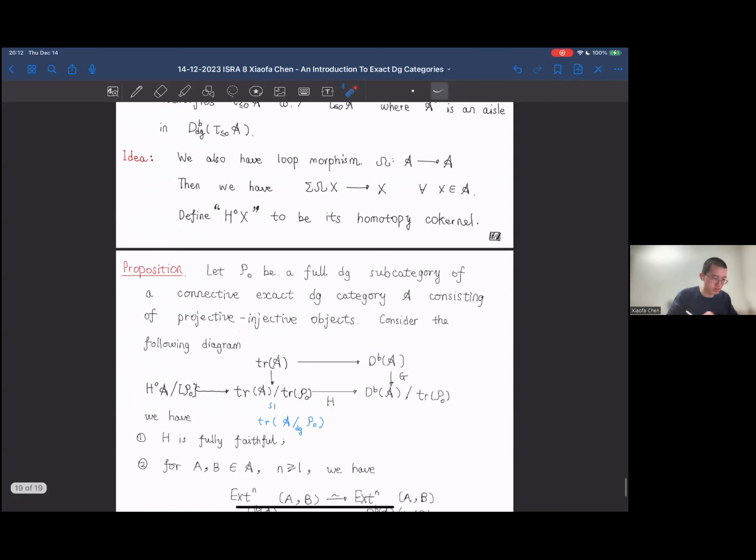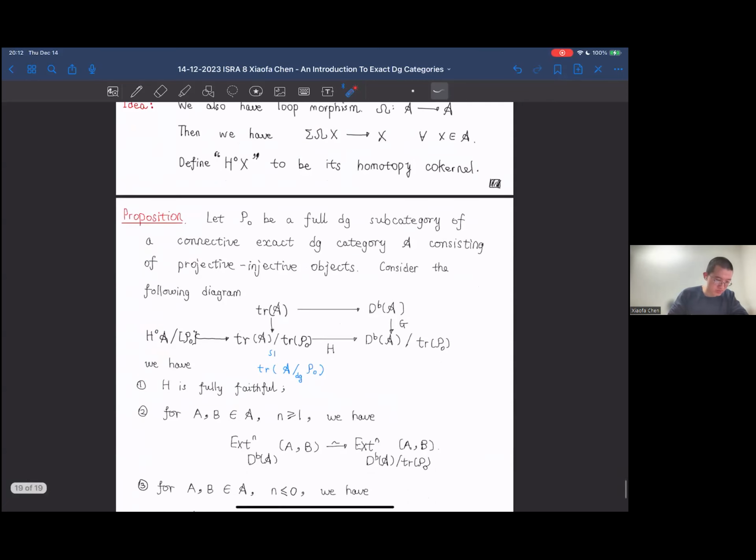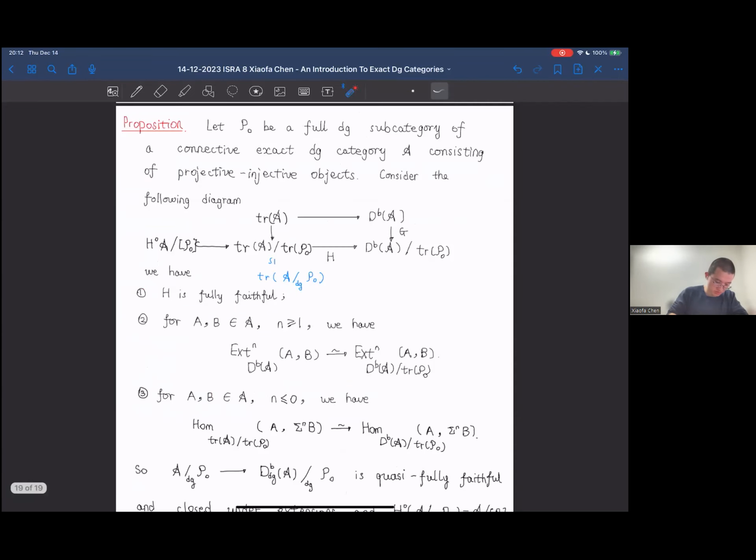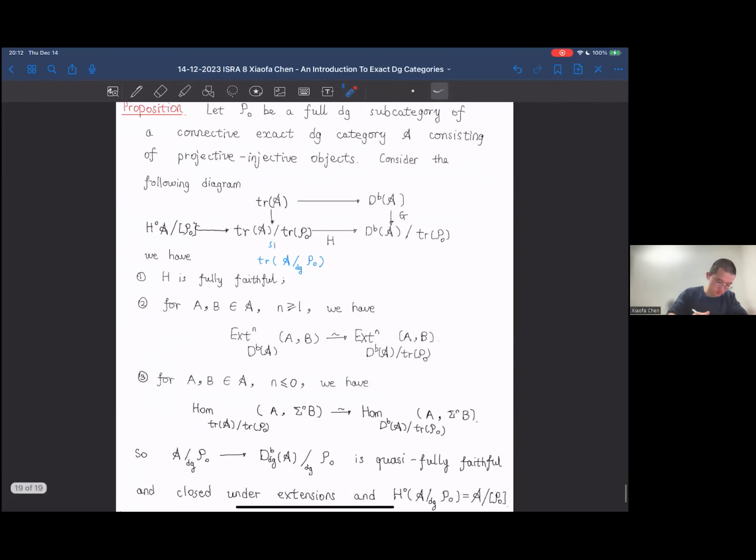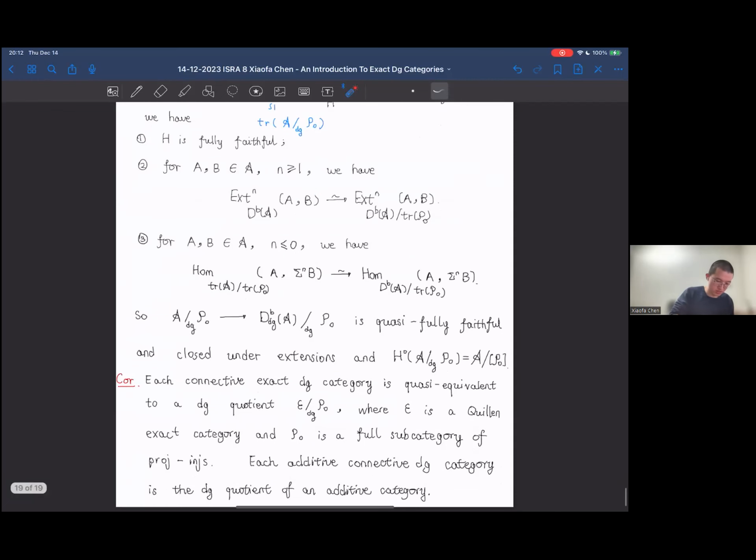Now let me end with a proposition. My aim is to show the following. Each connective exact DG category is of the form of a DG quotient of a Quillen exact category by a full subcategory of projective injectives.